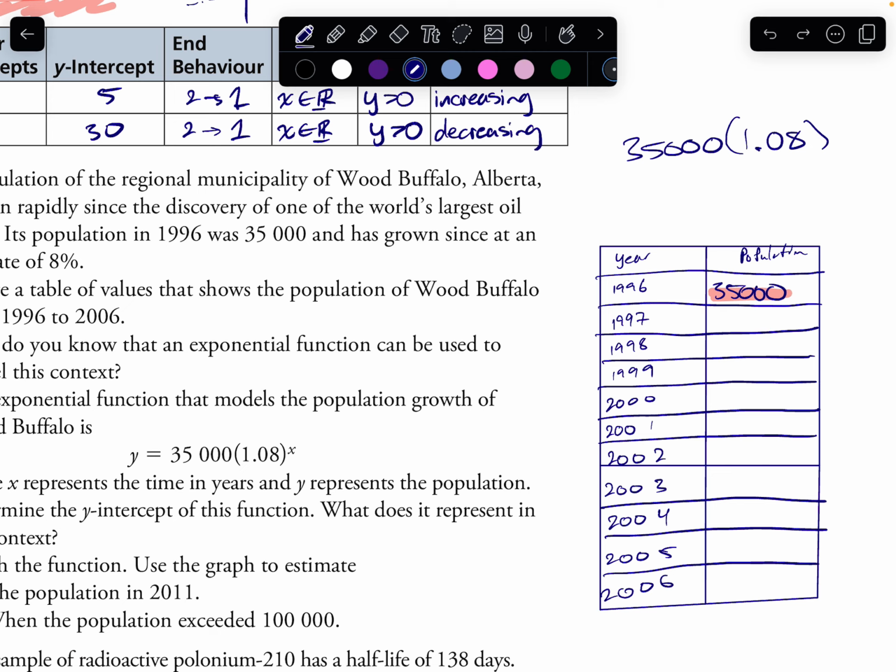Let me grab my calculator. 35,000 times 1.08, 37,800. And then now you take this number and multiply it by 1.08. So 40,824.